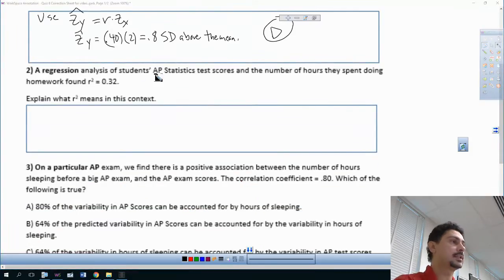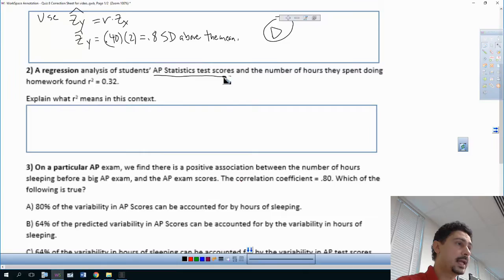A regression analysis of students' AP statistics test scores and the number of hours they spent doing homework found R squared equals 0.32. Now, when something is given to you between two variables and they don't tell you which is the X and which is the Y, you read from left to right.